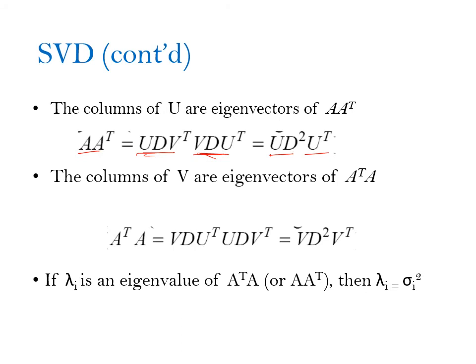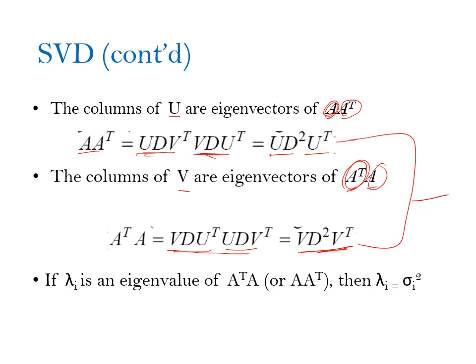The columns of V are also eigenvectors of A transpose times A. You see the difference? The columns of U are eigenvectors of A times A transpose, whereas the columns of V are eigenvectors of A transpose times A. In this case, this will be A transpose, this will be A, and the product will provide us V diagonal square times V transpose. You see the difference?